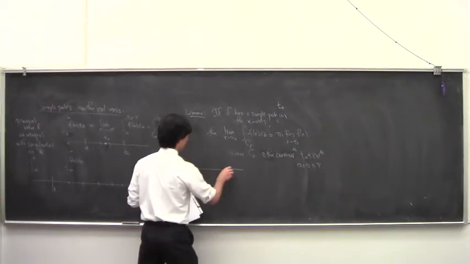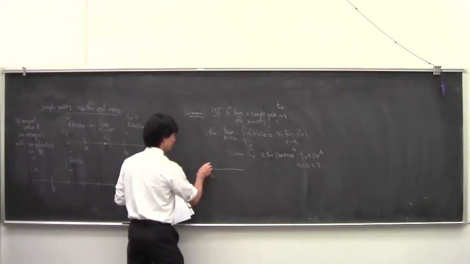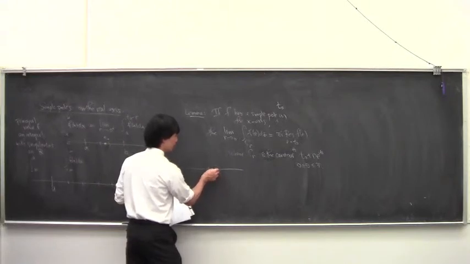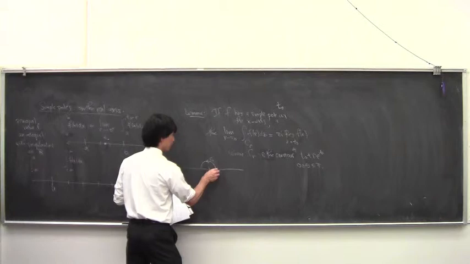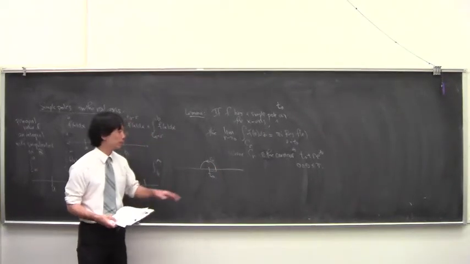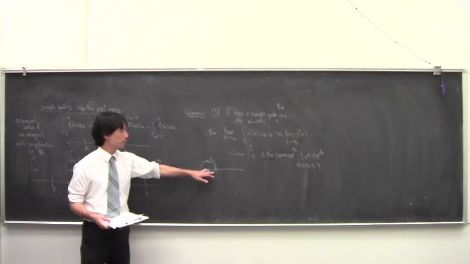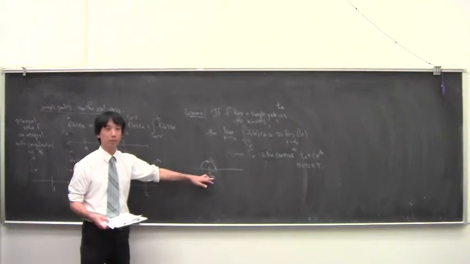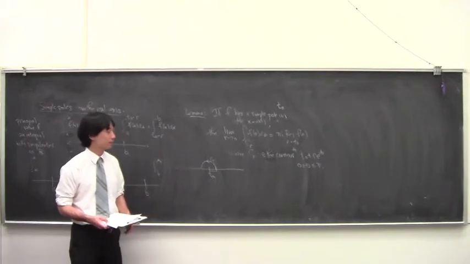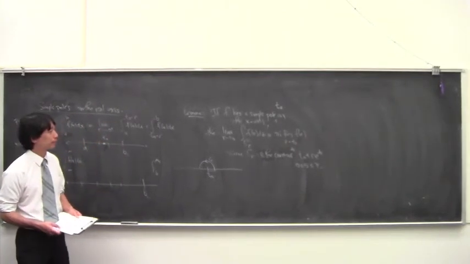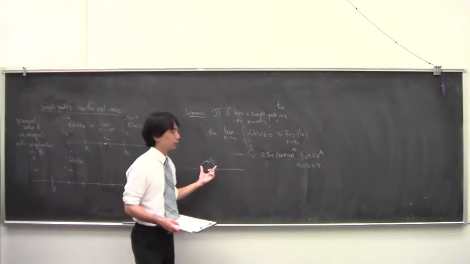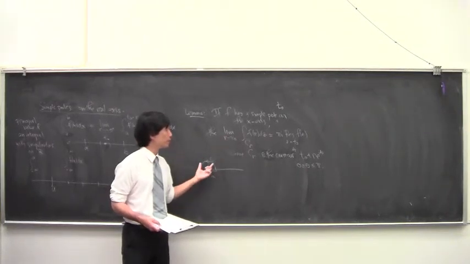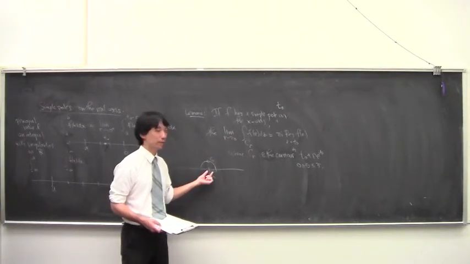So here's your t naught, and then you take t naught plus r e to the i theta, so the radius of this is r. You take these little upper semicircles centered at t naught, and those are the c sub r's. If we take the integral of f over that as r goes to 0, what we get is pi i times the residue at that point.